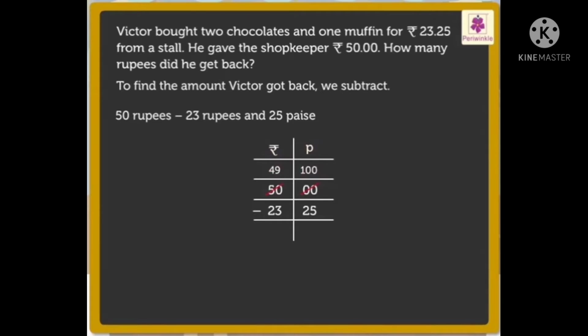Now, on subtracting 25 from 100, we get the paise as 75. Next, we subtract the rupees. So, 49 minus 23 is equal to 26 rupees. So, now we got the answer in rupees and paise. Victor got back 26 rupees 75 paise.